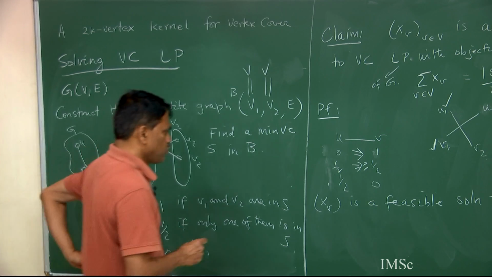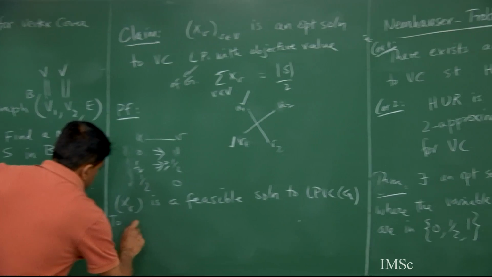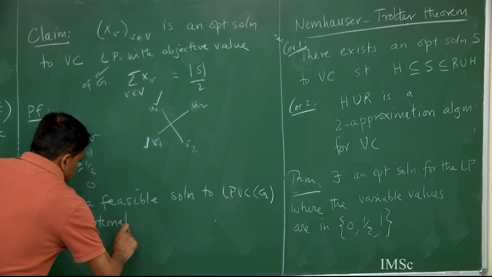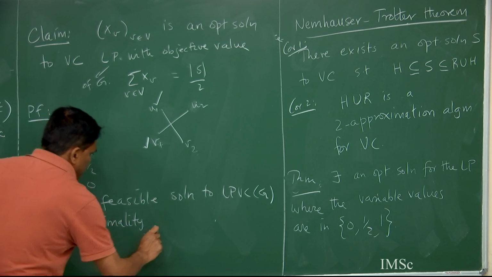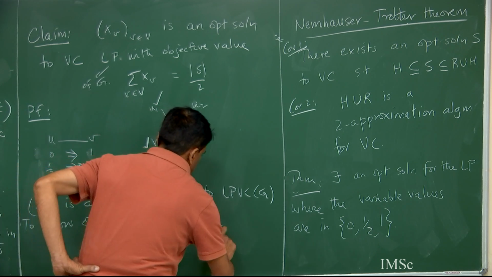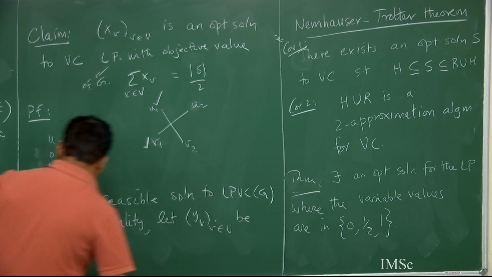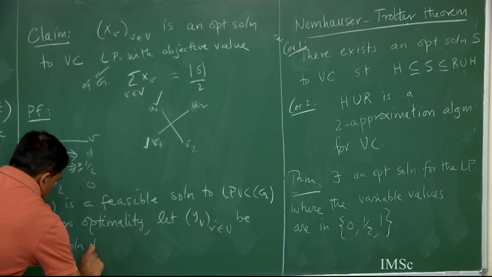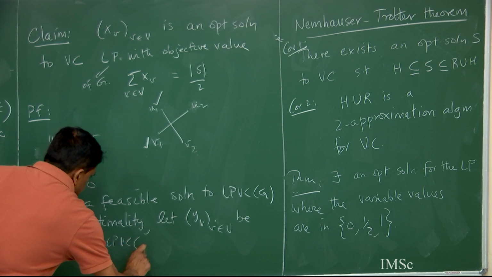Okay. So, to show optimality, let yv be any solution to LP vertex cover of graph G.